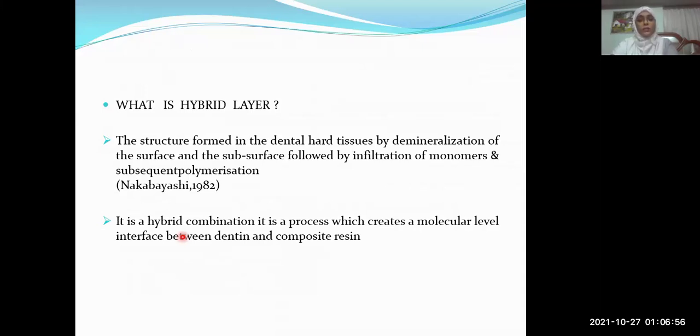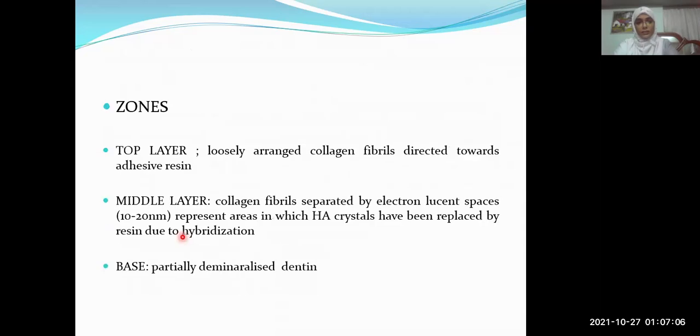And what is a hybrid layer? It's a molecular interface between the dentin and the composite resin. The hybrid layer is mainly formed by the bonding agent between the resin and the dentin. This hybrid layer is going to have three layers. You have a top layer, which is composed mainly of loosely arranged collagen fibrils, then the middle layer where the collagen fibrils are replaced by the resin because of the hybridization, and then you have the base, which contains partially demineralized dentin alone.